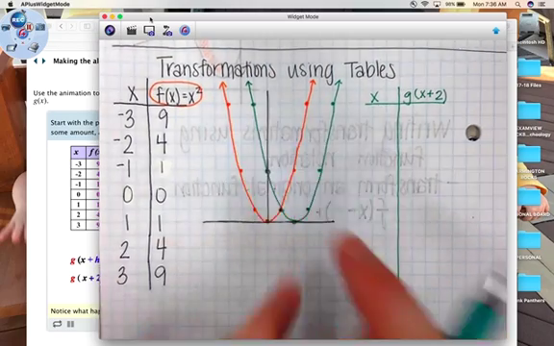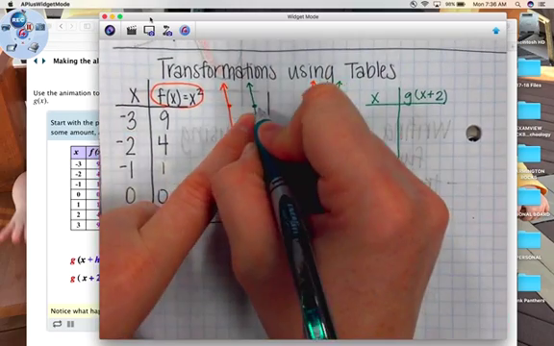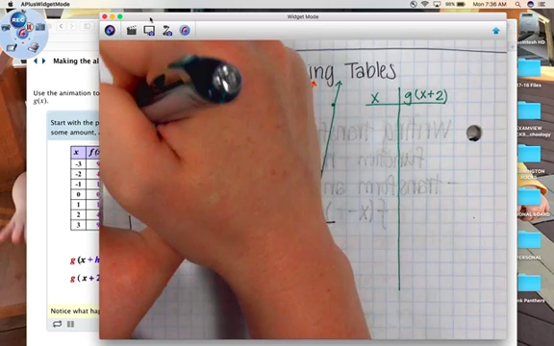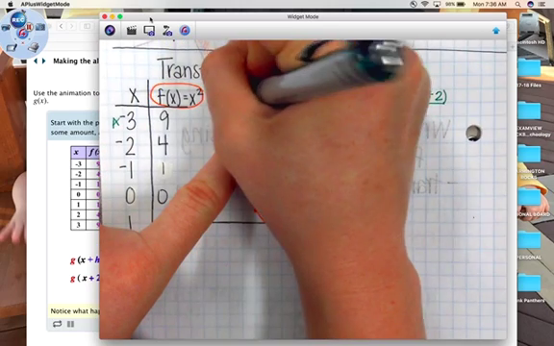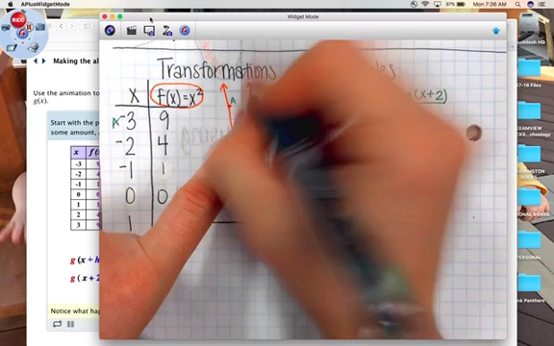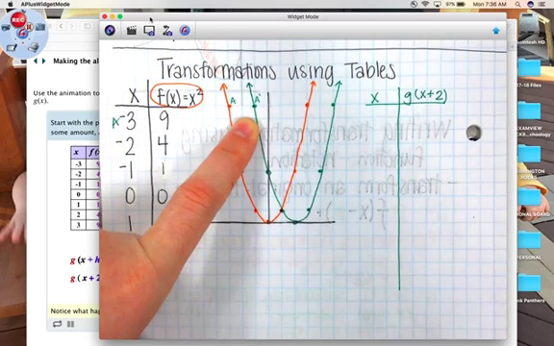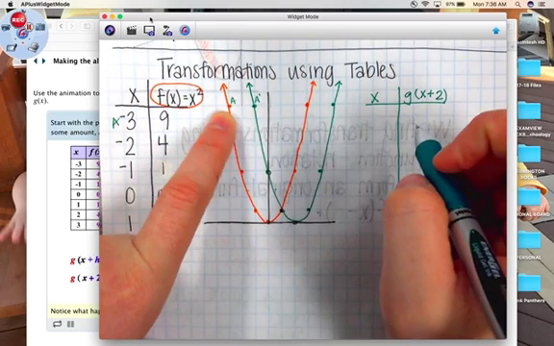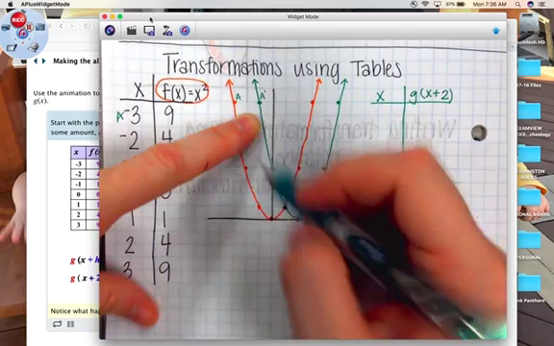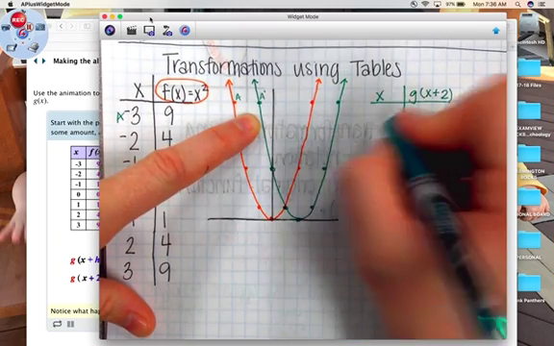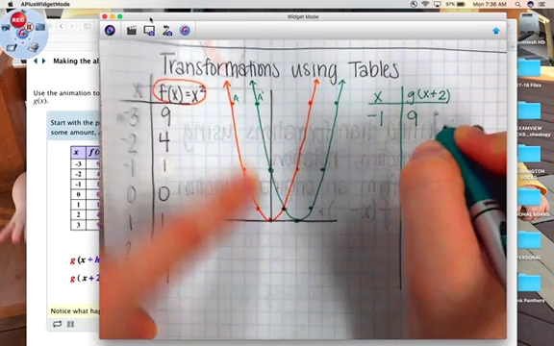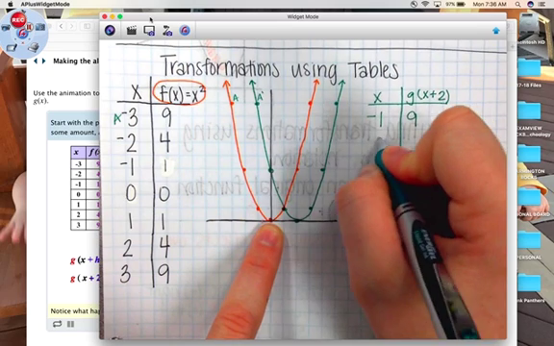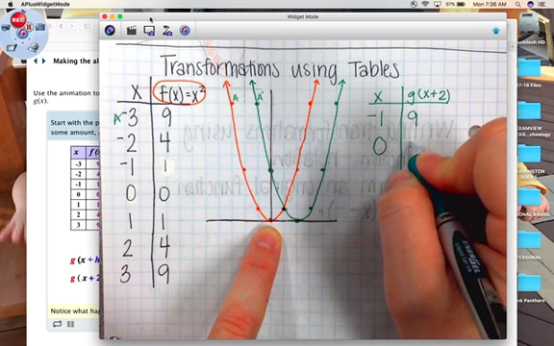So if you look at this point right here, we'll just call this point A, and we actually call it A prime because it's the new one. So from here to here, this point is now negative 1, 9. This point is 0, 4.